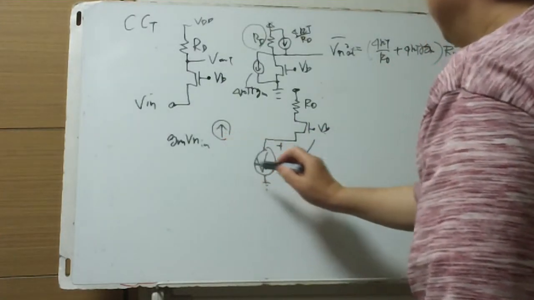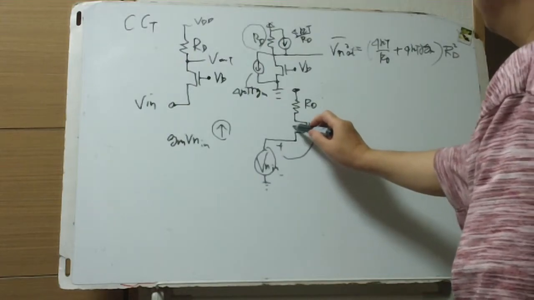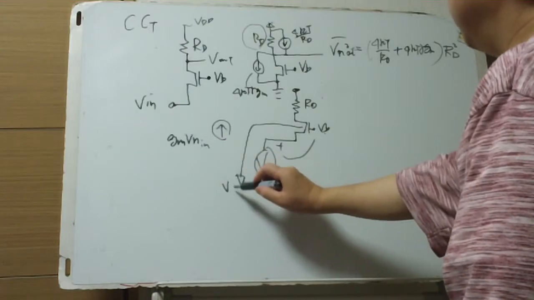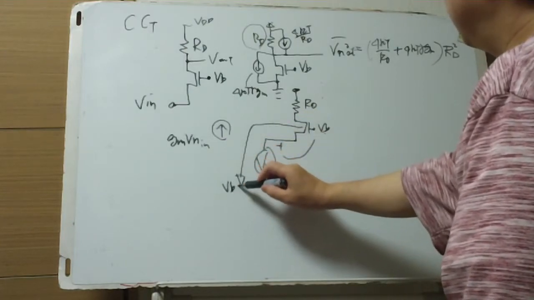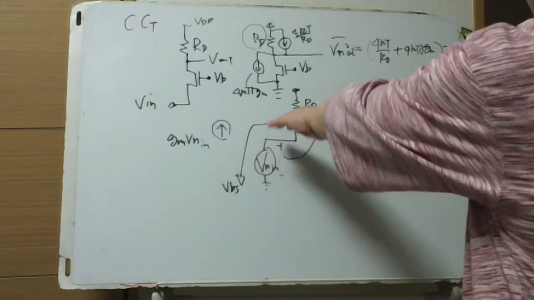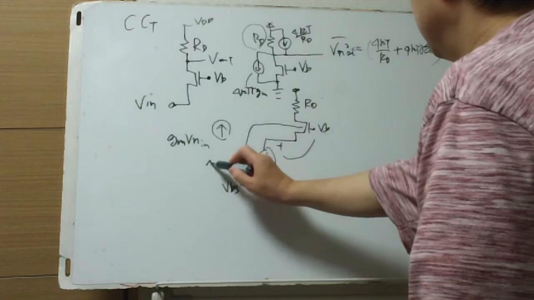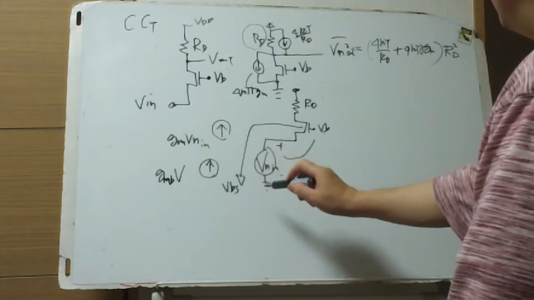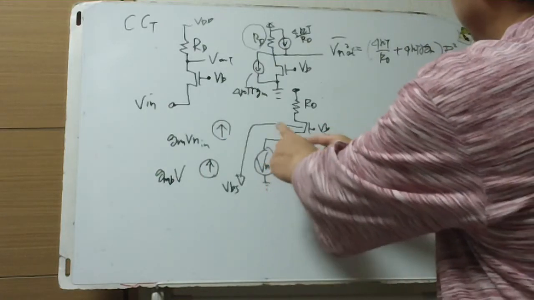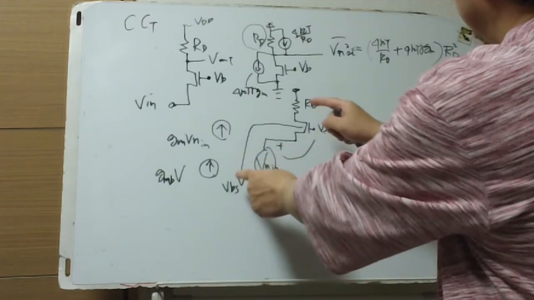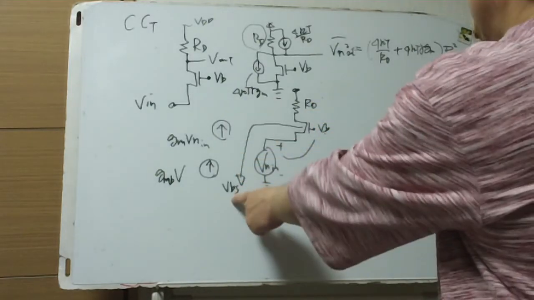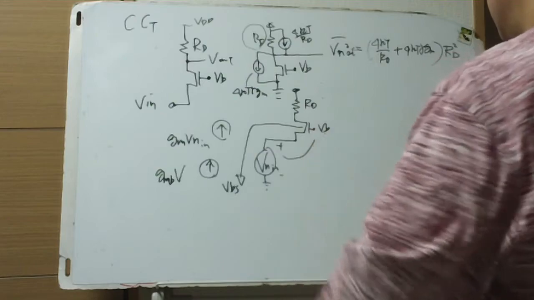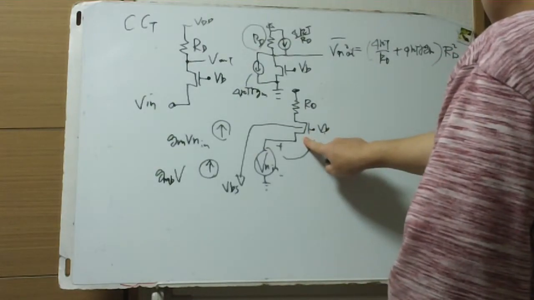Also the source is biased larger than VB, so this VBS makes the current also decrease, with decreasing factor gmb VBS. VB and VS are the same.